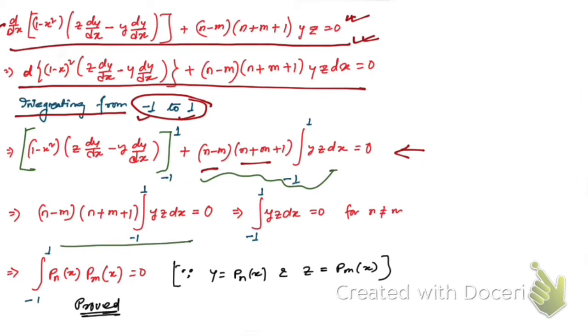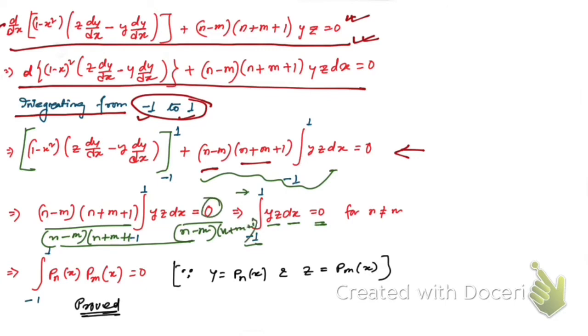So now this implies the integration from -1 to +1 of yz dx is equal to 0 if you divide both sides by n minus m into n plus m plus 1. On this side also, n minus m into n plus m plus 1.